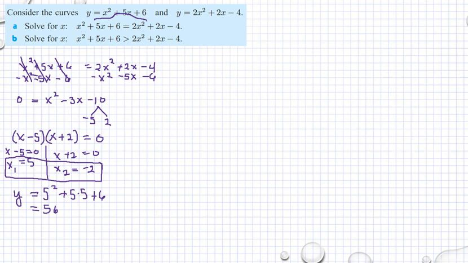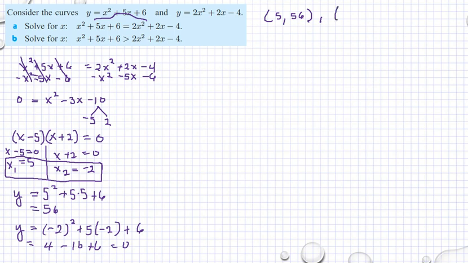So our first coordinate will be 5 and 56. And for the second coordinate, y is equal to negative 2 squared plus 5 times negative 2 plus 6. Then we have 4 minus 10 plus 6, that's equal to 0. We have negative 2 and 0.